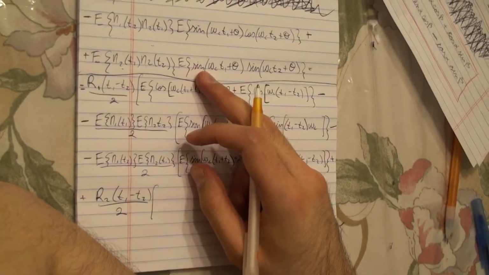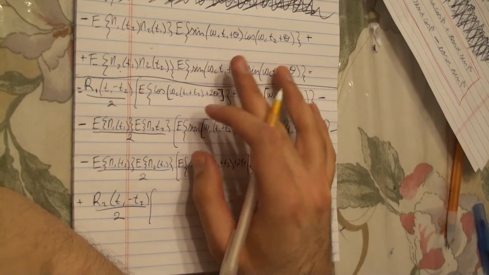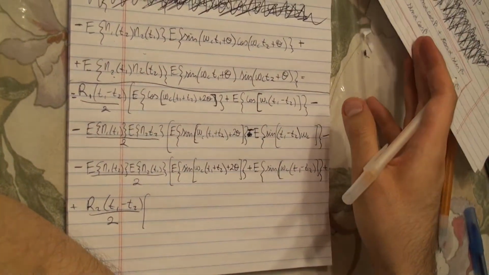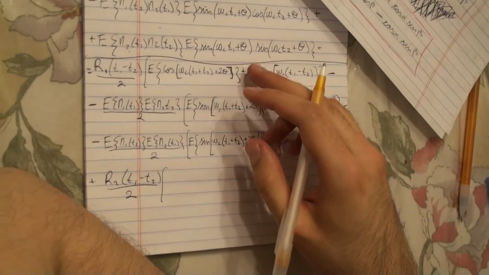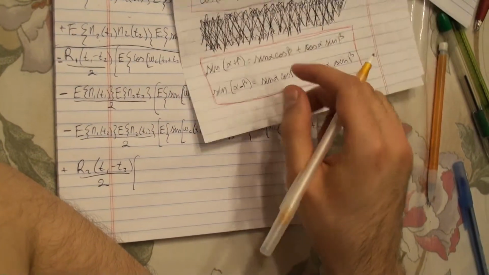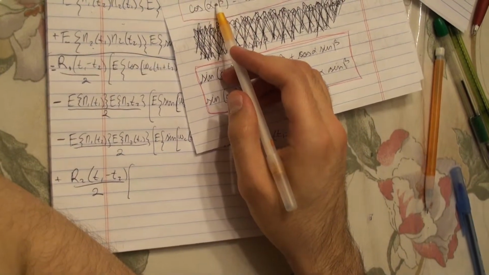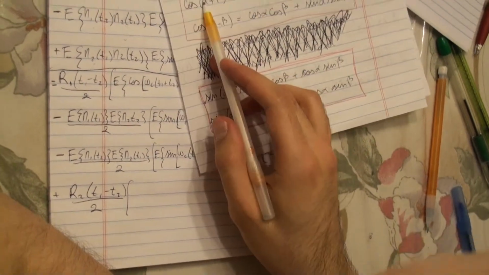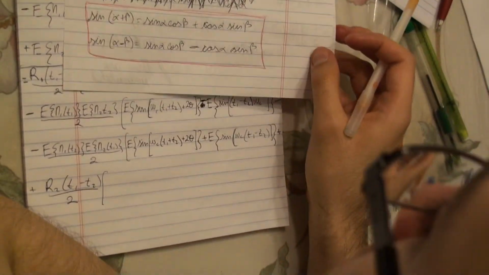Now, a similar trig identity to the previous, to get sine of alpha times sine of beta. We do this minus this, divide by 2. Wait, hold on a second. To get, what do we want?